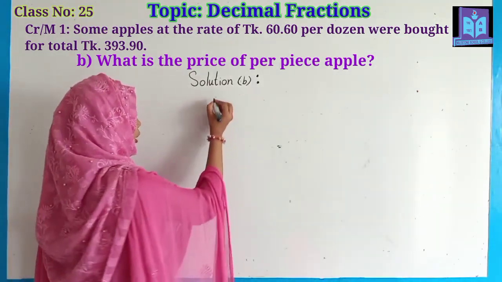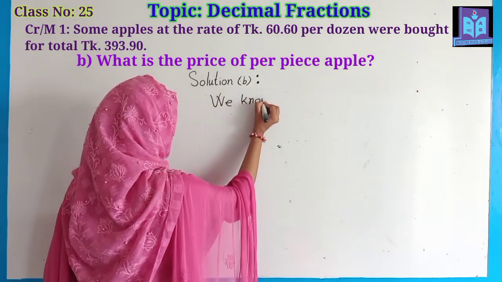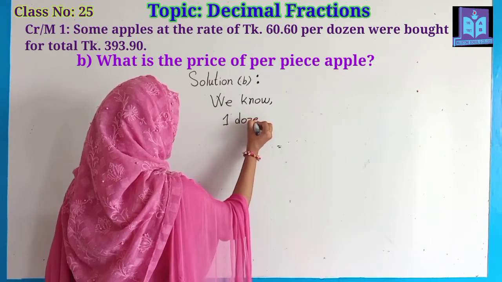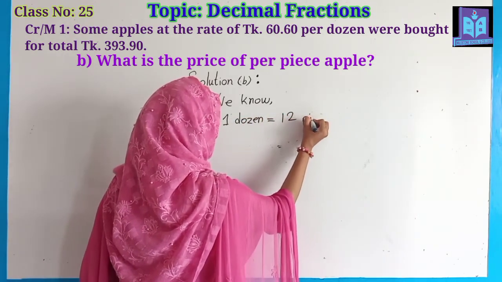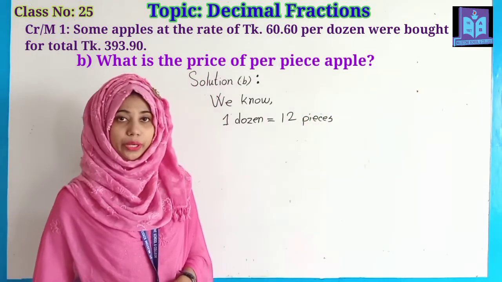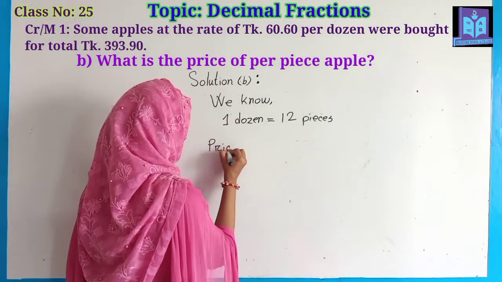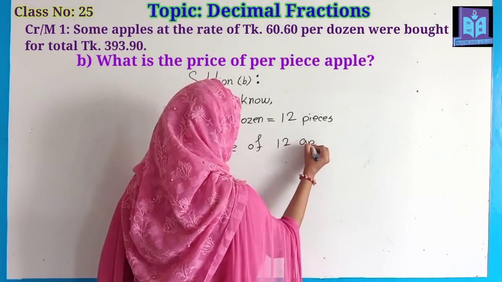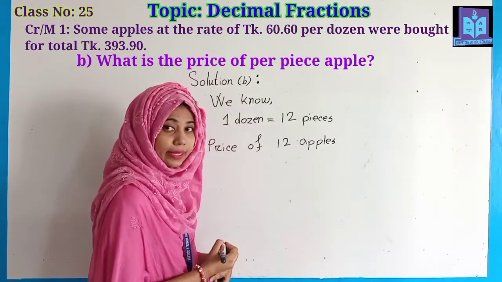At first we will write, we know 1 dozen equal to 12 pieces. Now we will write price of 12 apples. How many taka?